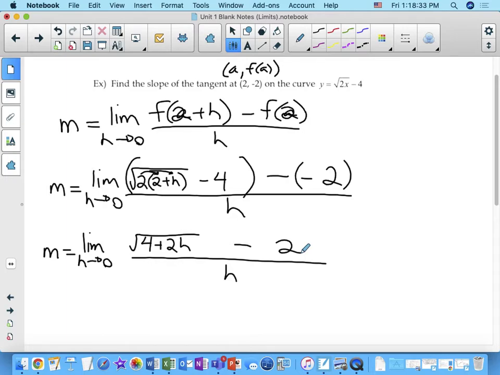All right, what do you think would be useful to do here? The conjugate, yes, because I've got a radical plus or minus something. Okay, so I'm going to multiply by the conjugate over the conjugate. And the conjugate of this is the square root of 4 plus 2h plus 2.